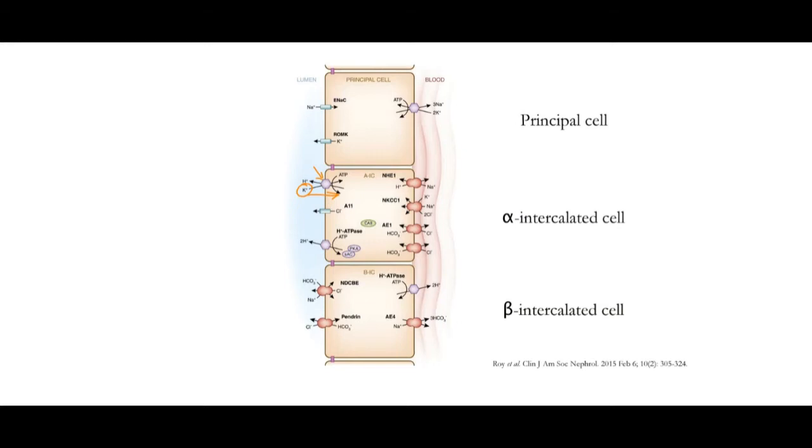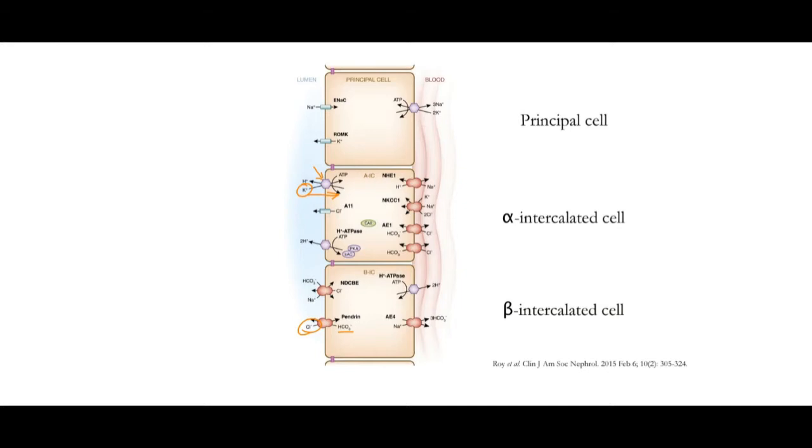For our beta intercalated cells, everything is kind of reversed, but do you remember when I said that your beta intercalated cells are also called your bicarb secreting cells? Bicarb is going to be secreted in exchange for chloride being reabsorbed. So that channel is involved in the reabsorption of our chloride.